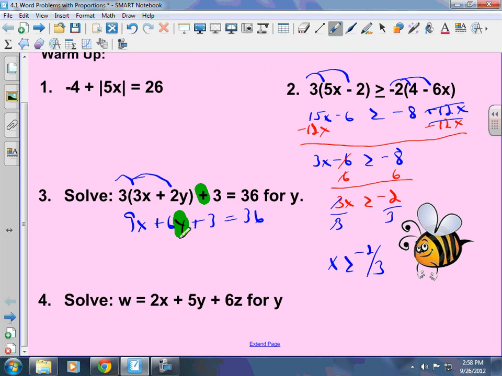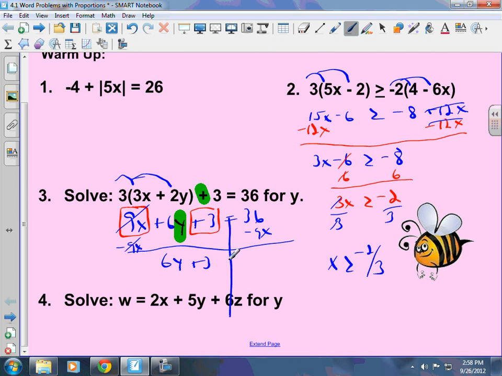Now I'm solving for y, so I circle or highlight the y. That means I have to get rid of the 9x, and I have to get rid of the positive 3. In order to do that, I subtract 9x from both sides. This cancels. 6y plus 3 equals 36 minus 9x, which is minus 9x plus 36.